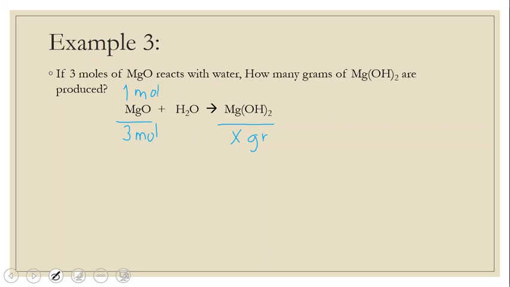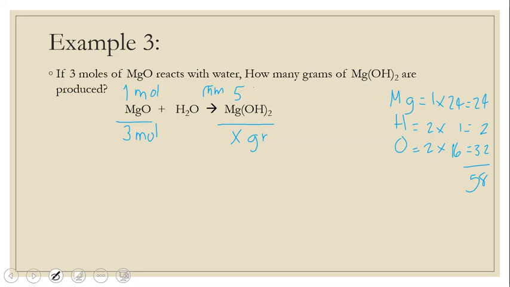Magnesium hydroxide, they asked me for grams, so I need molar mass. Let's calculate it. Magnesium, hydrogen, and oxygen. 1, 2, 2. Magnesium is 24. Hydrogen 1 times 2, 2. Oxygen 16 times 2, 32. 58 grams per mole.